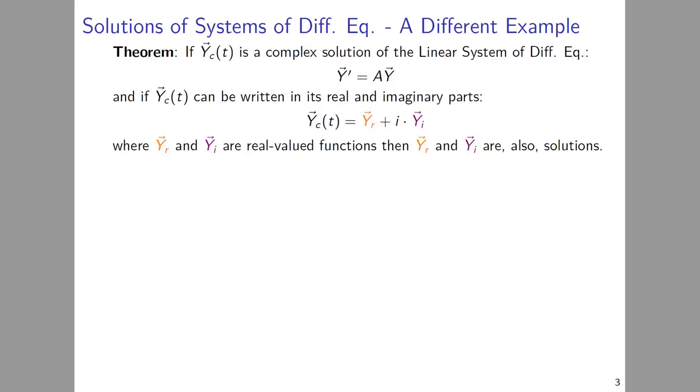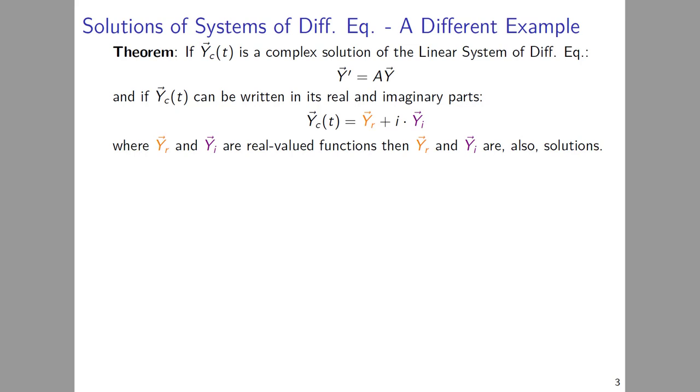The theorem states that if y_c(t) is a complex solution of a linear system of differential equations y' = Ay, and if y_c can be written in its real and imaginary parts, y_c = y_r + i·y_i, where y_r and y_i are real valued functions, then both y_r and y_i are also solutions to that original differential equation y' = Ay.